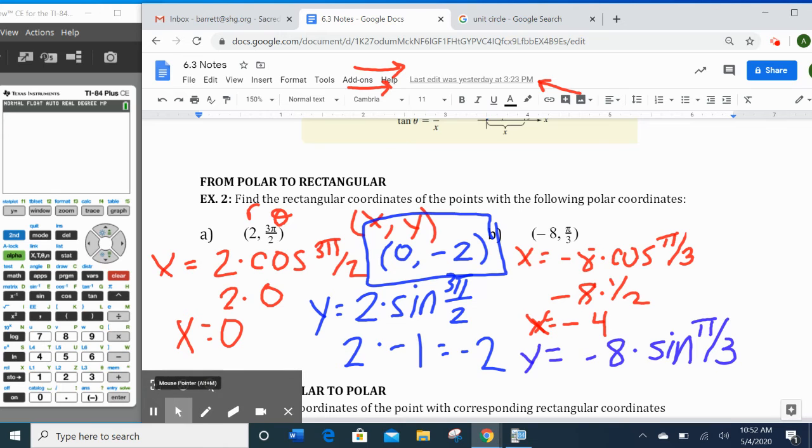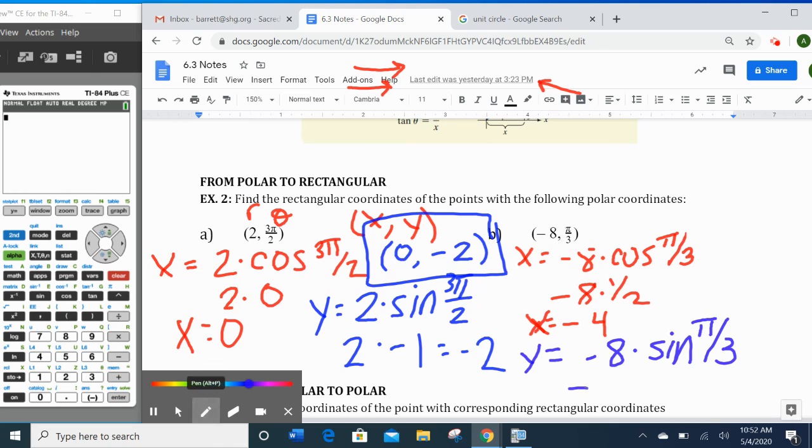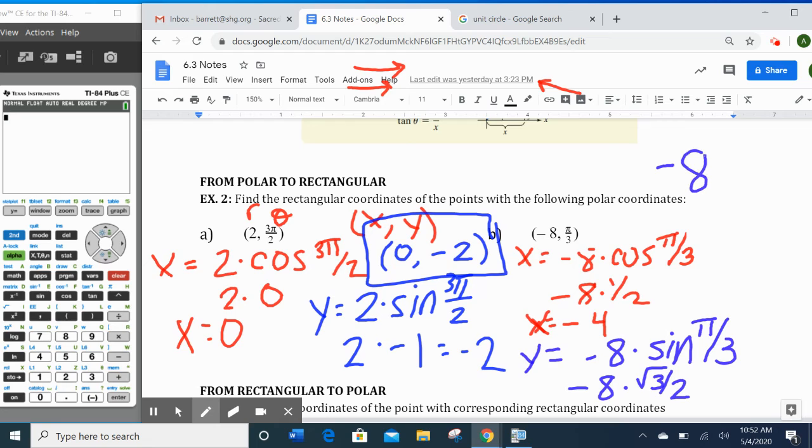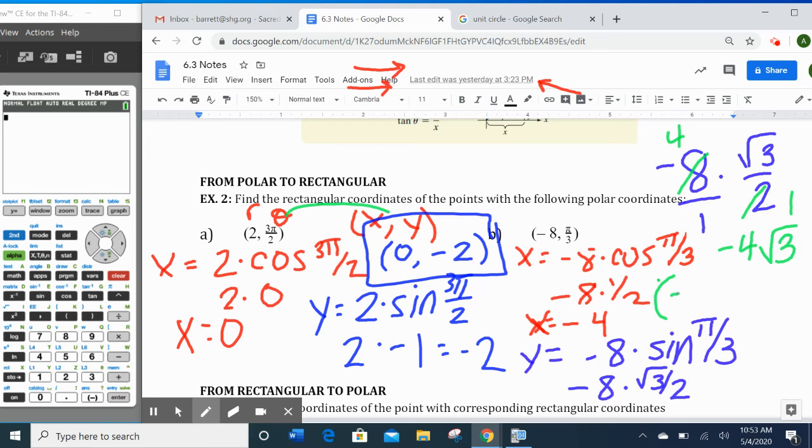And the sine of pi over 3 on my unit circle is √3 over 2. So -8 times √3 over 2. This is the same thing as -8 over 1, so you can multiply across the top to get -8√3 over 2, or you can recognize at any point that 8 and 2 are going to cancel to be 4 and 1. So we would get -4√3. So the rectangular coordinates are (-4, -4√3).